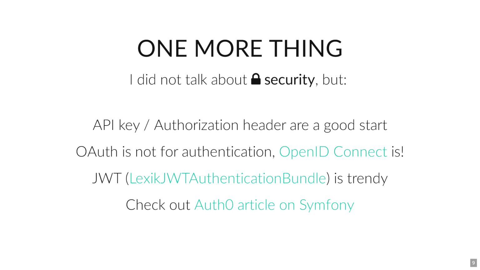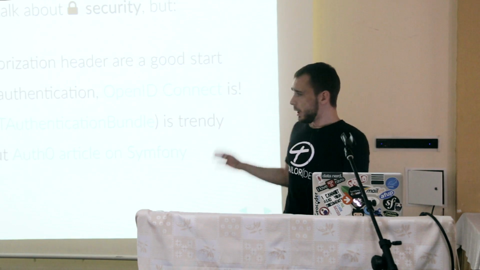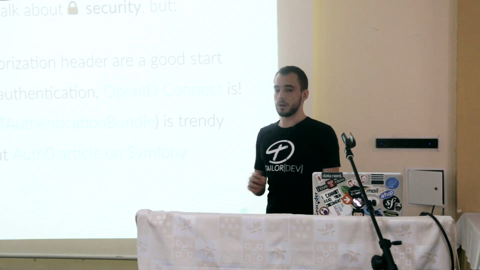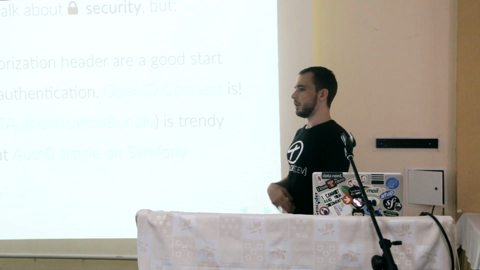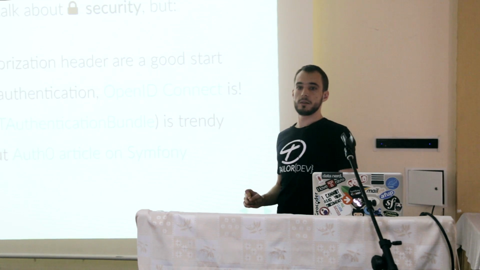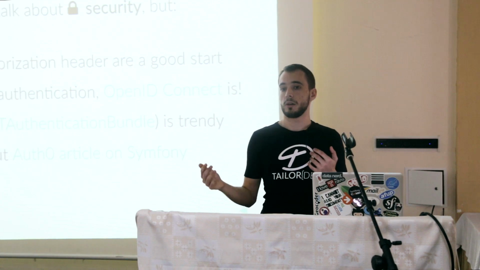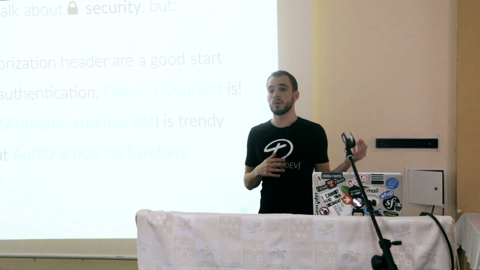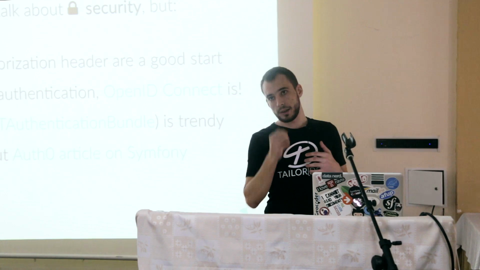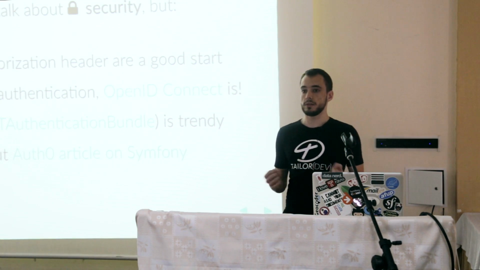I didn't talk much about security in this talk, because that's another story for another time. I will go for the API key or authorization header or a token, even if the API is public, because at least you can get some sort of statistics on who uses your API, and you can apply some rate limiting with the token.